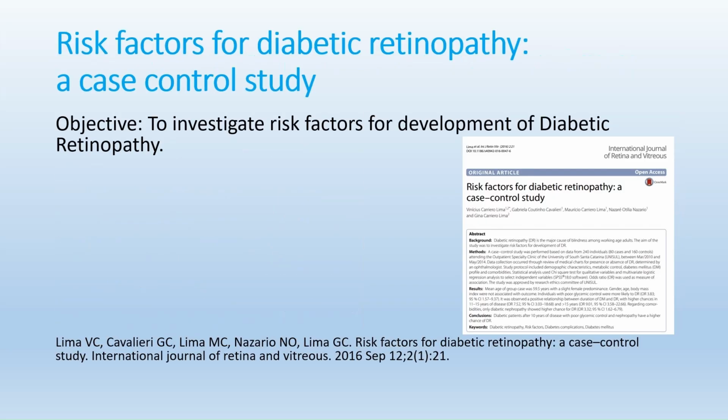For sample size calculation of an unmatched case control study, we consider an objective to investigate risk factors for development of diabetic retinopathy. For this purpose, we search the literature and find the article "Risk factors for diabetic retinopathy, a case control study."